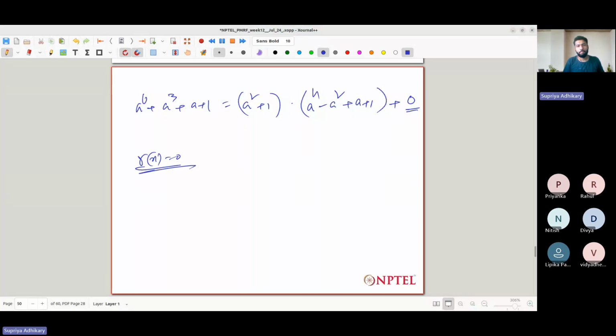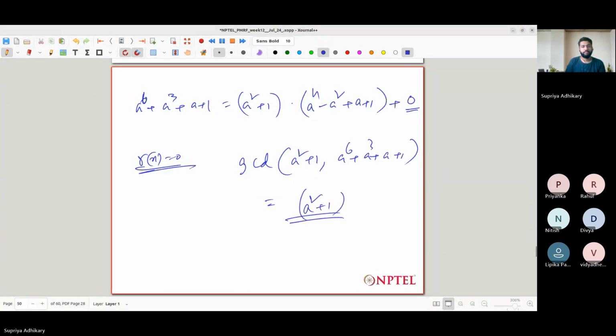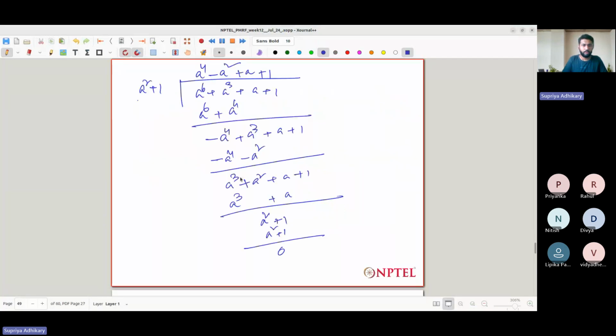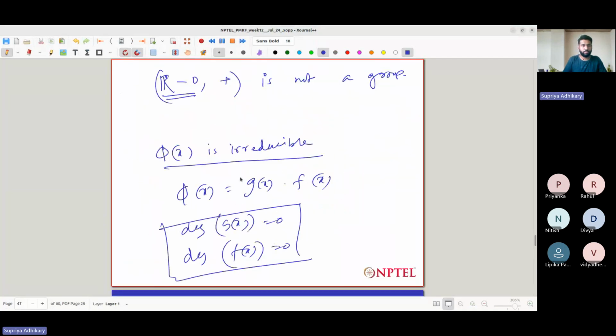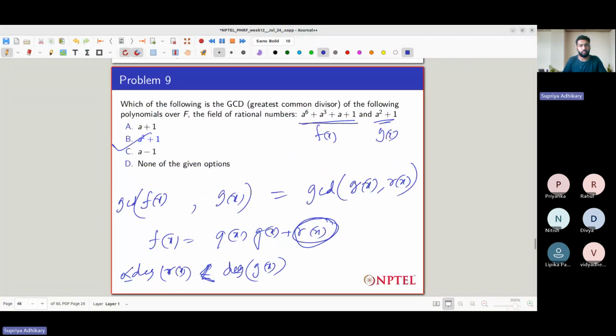So we can write that the GCD of a^2 plus 1 and a^6 plus a^3 plus a plus 1 is nothing but a^2 plus 1. Okay, so we have found the GCD of these two polynomials.